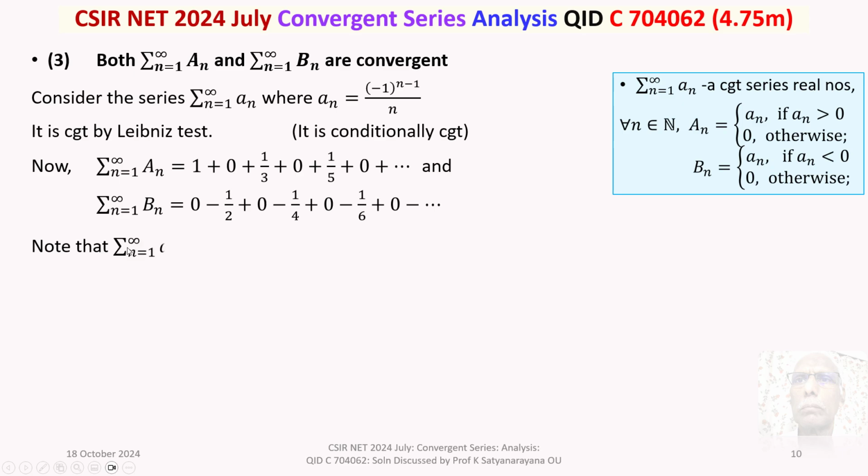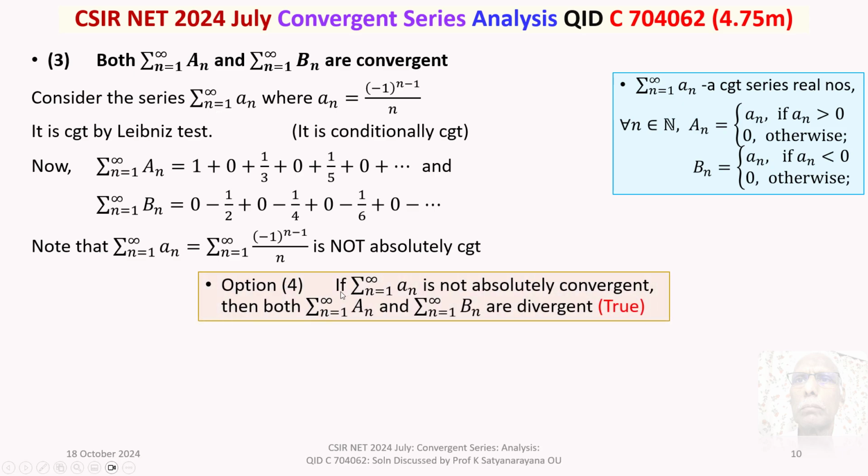Now, note that sigma n equal to 1 to infinity an, which is minus 1 to the power of n minus 1 by n, is not absolutely convergent, because it is conditionally convergent. When it is not absolutely convergent, we have already seen in option 4, that is a true statement.